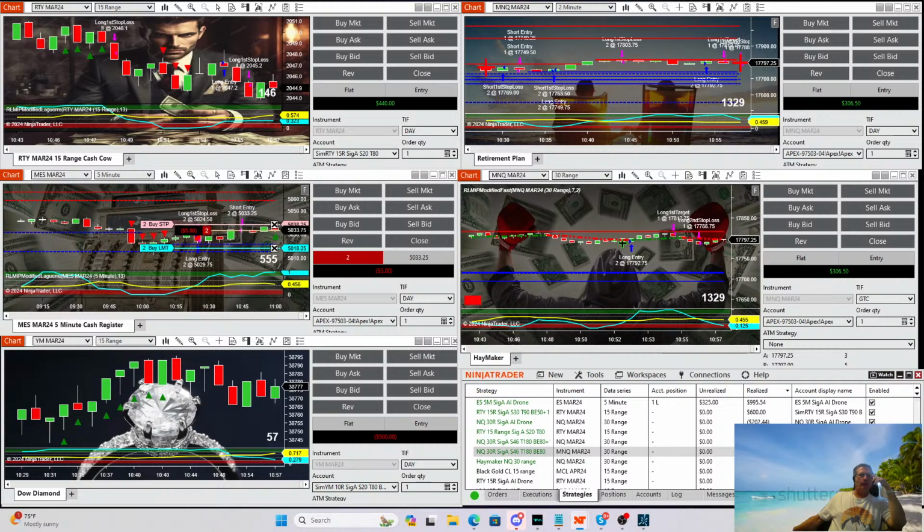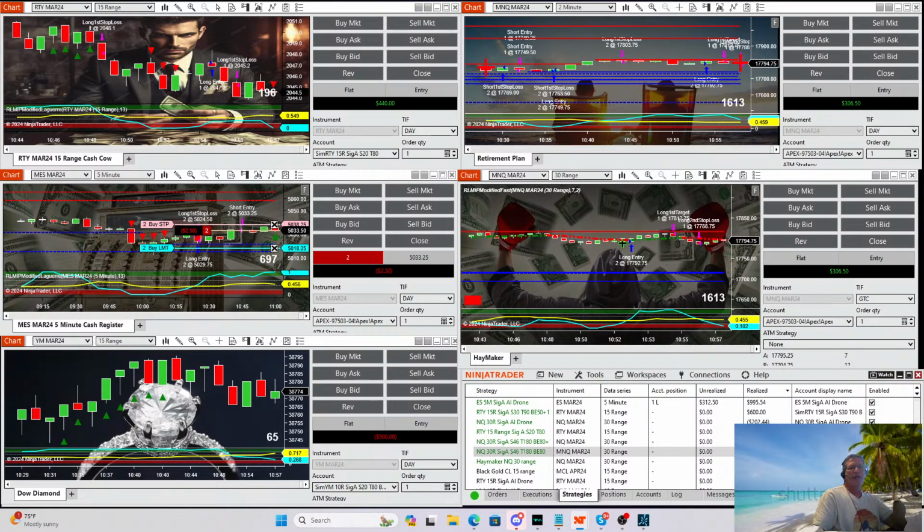So for trading micros, to make $306 in the Apex account on a Friday afternoon, it was really more than I anticipated. So I would call this a success. Trading just a couple of micros on that Apex account.